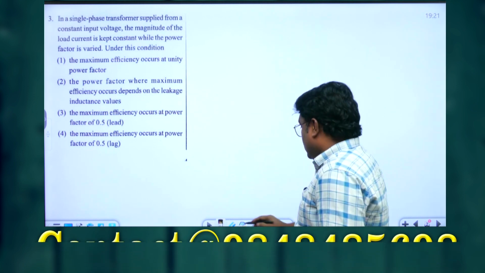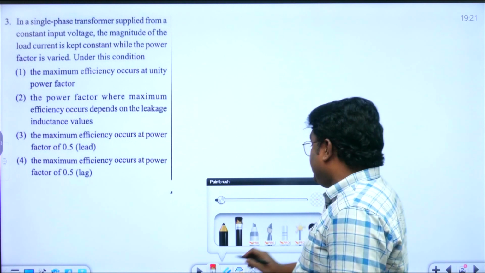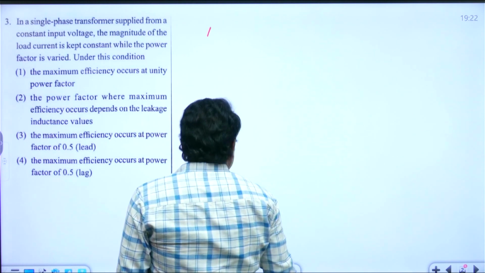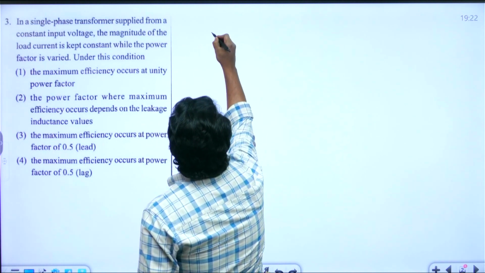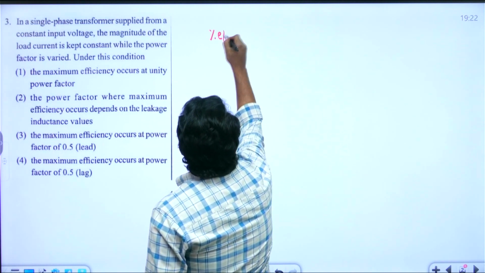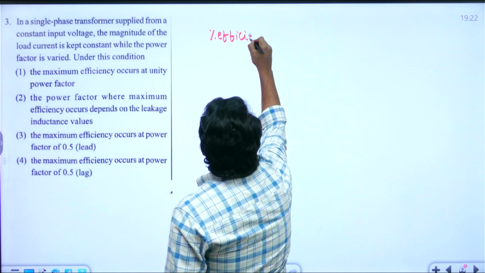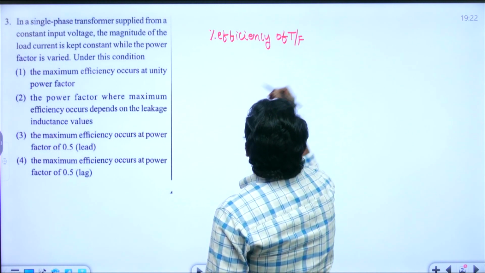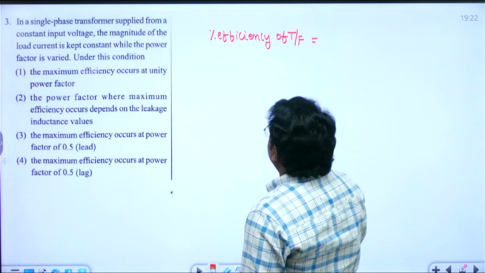Okay, we know the percentage efficiency of the transformer. What is the formula to find the percentage efficiency of the transformer?